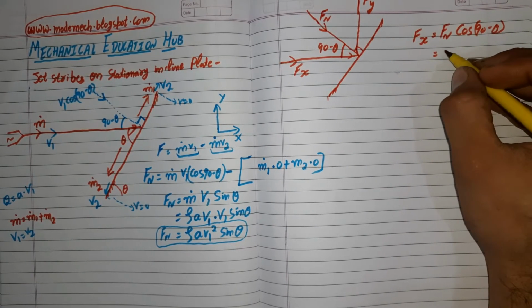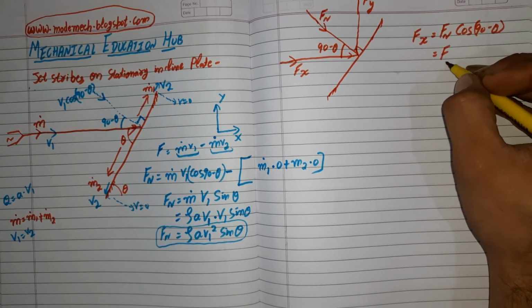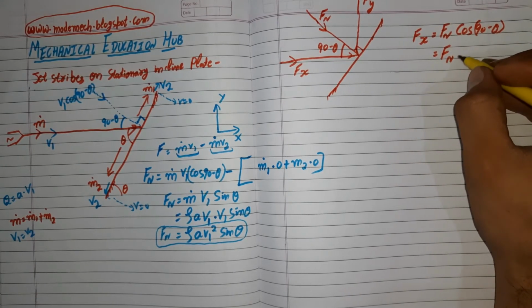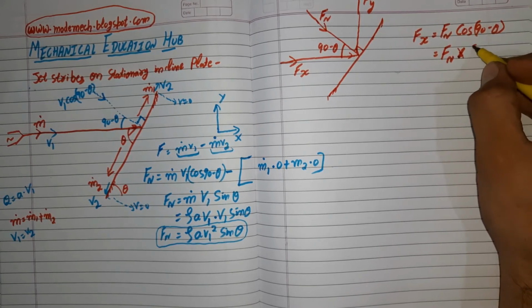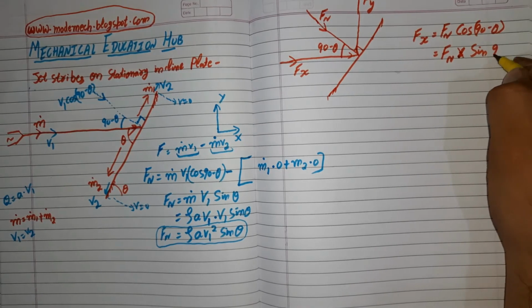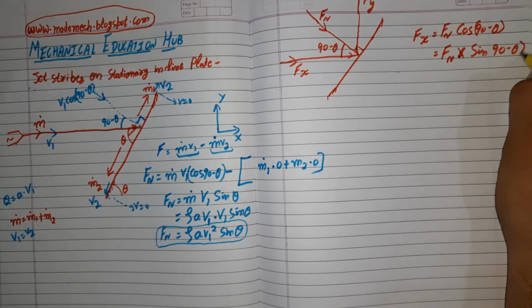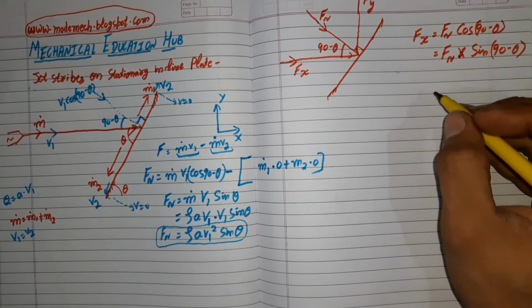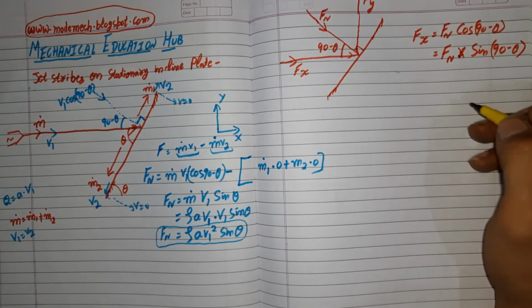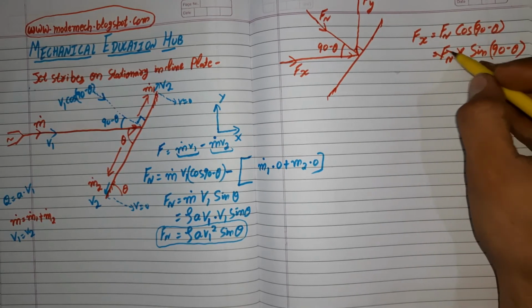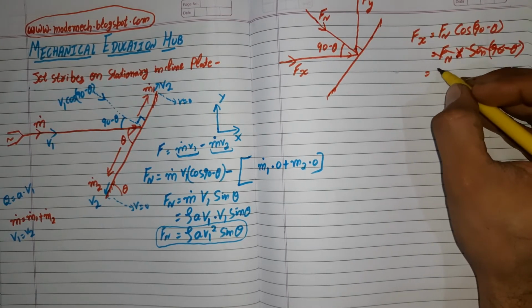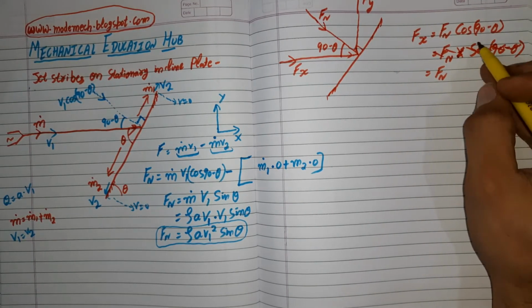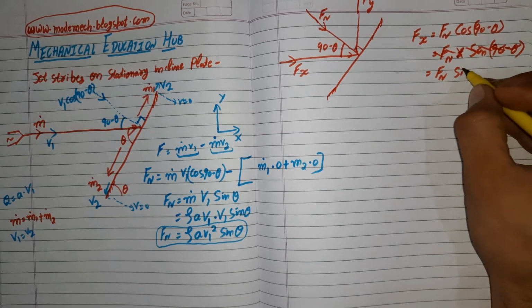Sorry, Fn into cos 90 minus theta, which is sin theta.